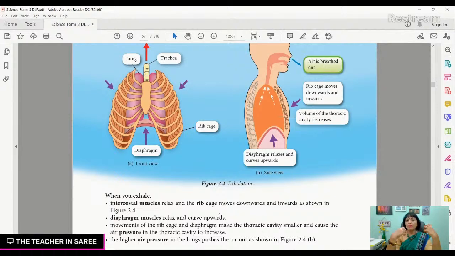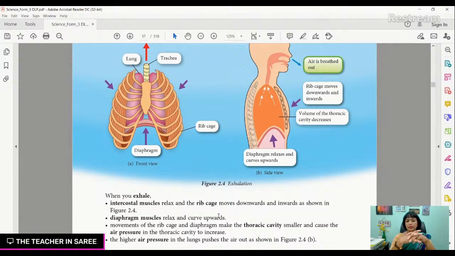So when the volume decreases, what will happen to the pressure? The pressure will increase. So when the pressure increases, the air will be pushed outside. So when you exhale, the intercostal muscles relax and the rib cage moves downwards and inwards as shown in the figure.